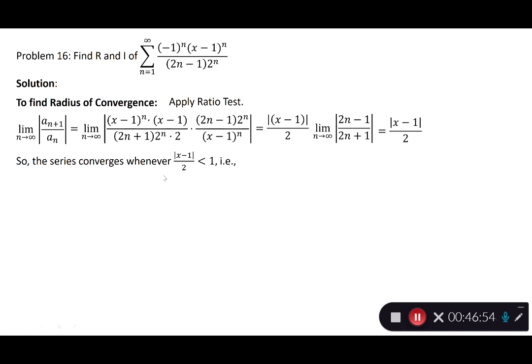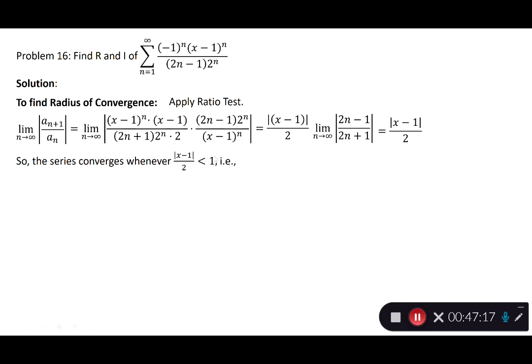So the first order of business is, can we write this in that form? Absolute value of x minus a, being 1, is less than r. We have x minus 1 over 2 less than 1. Can we write this as absolute value of x minus 1 less than something? Yeah.